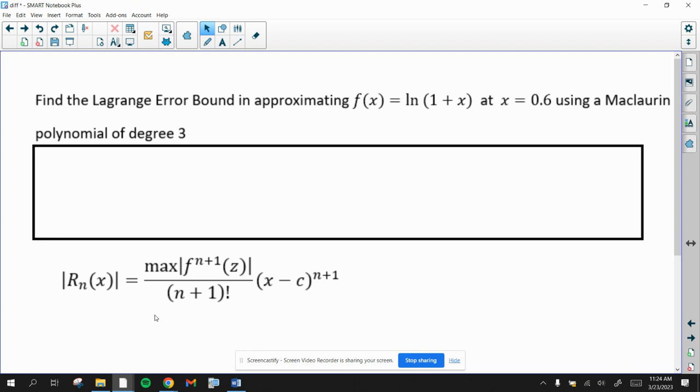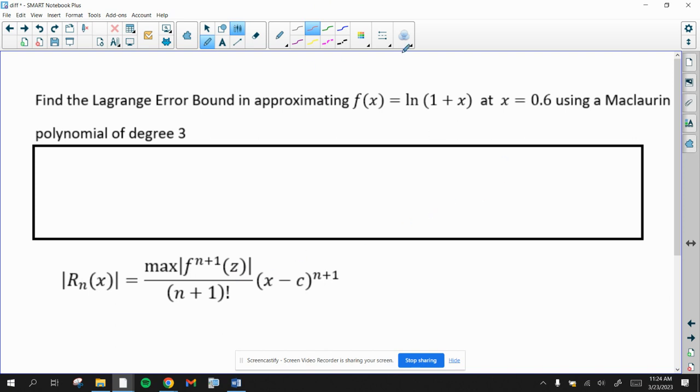And the remainder is not going to be any more than this value you see right here. So it's a pretty straightforward formula, even though it doesn't look it. It's just really the next omitted term in creating a Taylor polynomial. So it's very similar. The only big difference I can see here is this z.